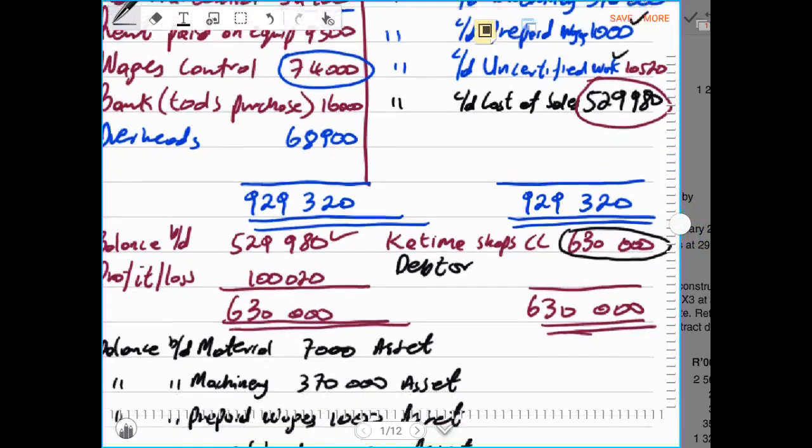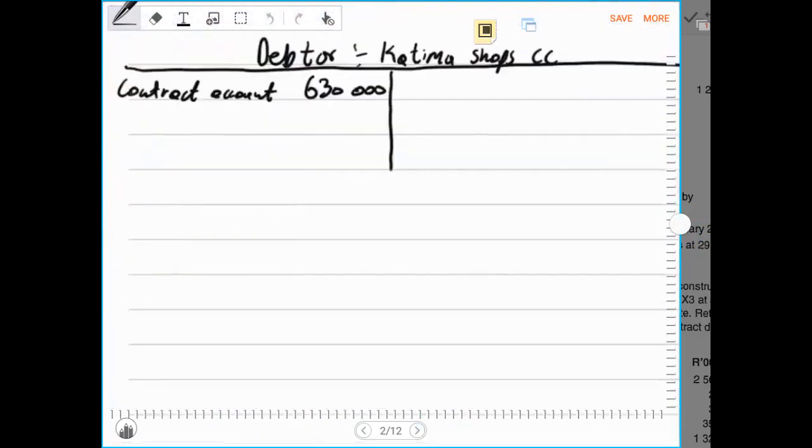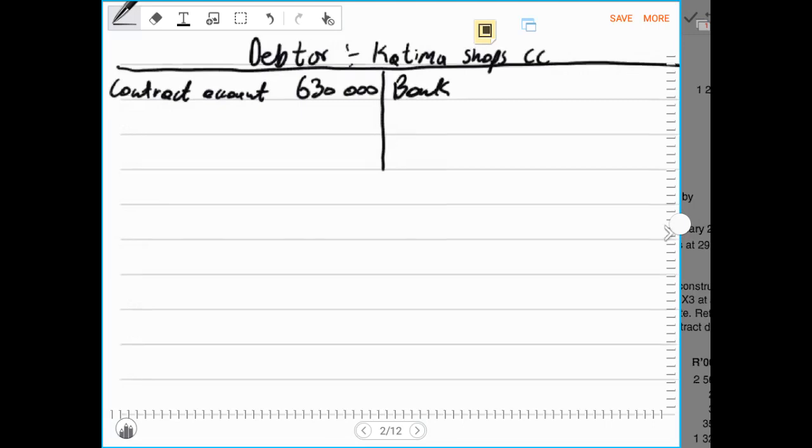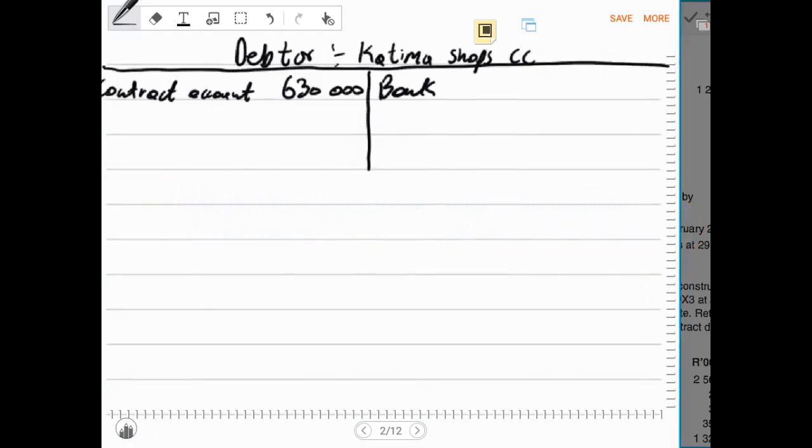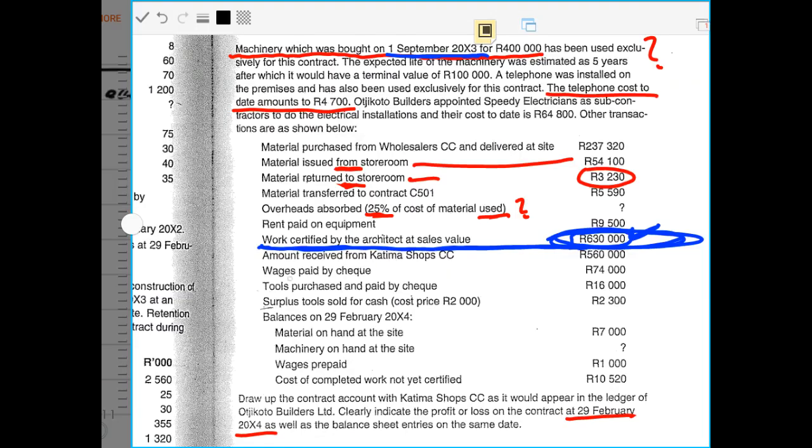Then after the client owed us this amount, he only paid us part of this amount, not all of it. And whenever the client pays, we expect that the debtor will decrease on the credit side. So the amount that was received was less than what was supposed to be received.